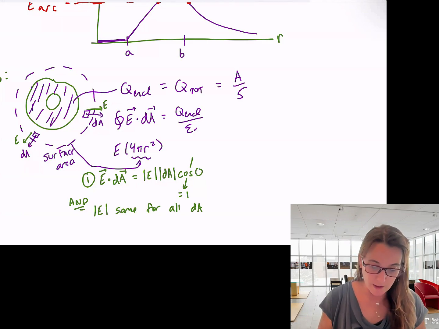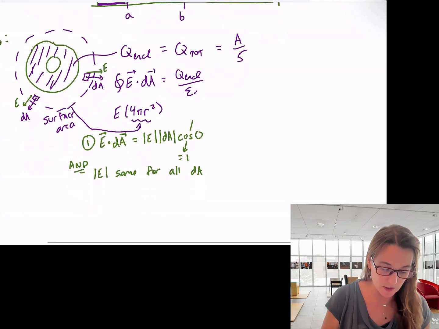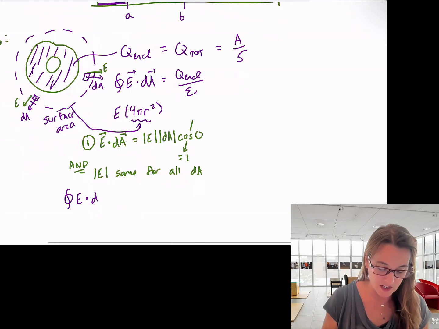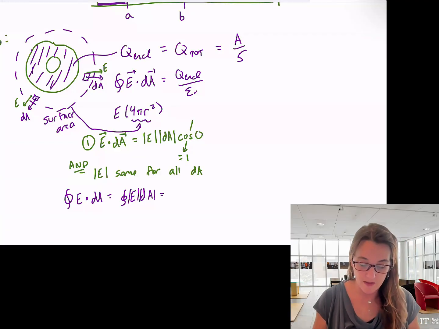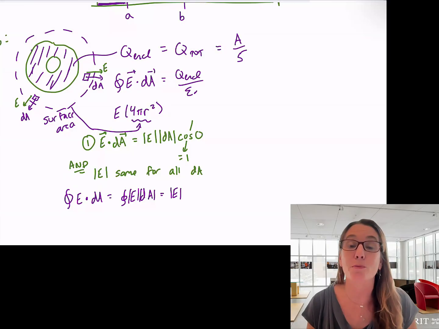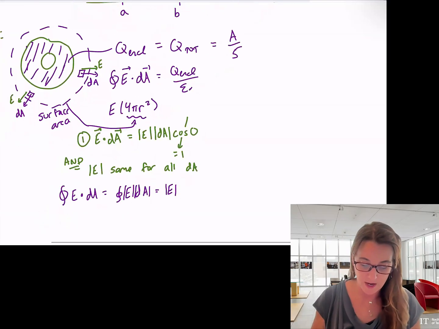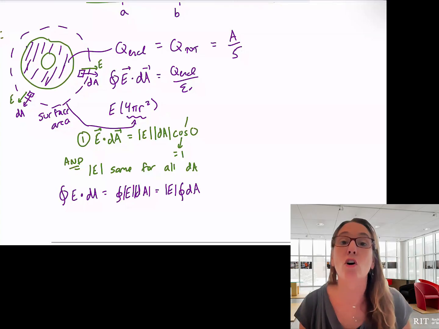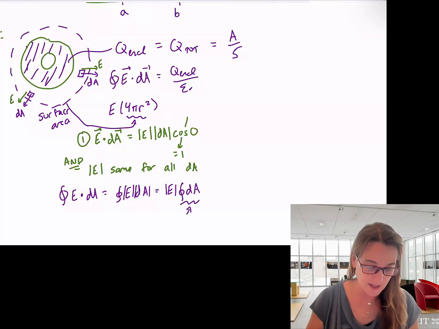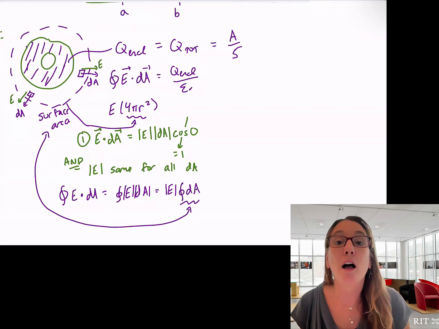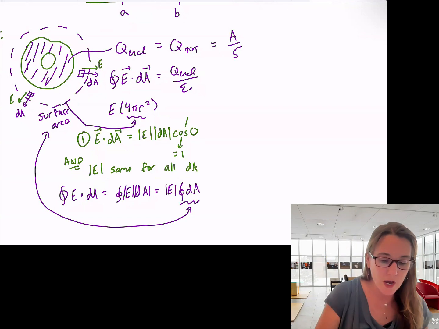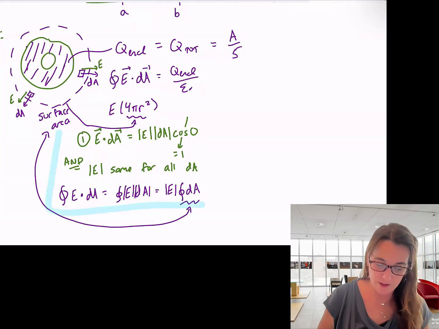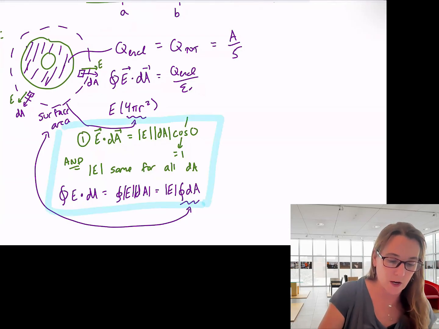So integral E dot dA turns into integral E dA, that was the parallel components, and then the electric field comes out of the integral, and we end up with just the integral of dA. And again, that is the surface area of our Gaussian sphere, adding up all our dAs around that Gaussian sphere. So that's a summary of how that left-hand side simplifies, and I will mark that here.